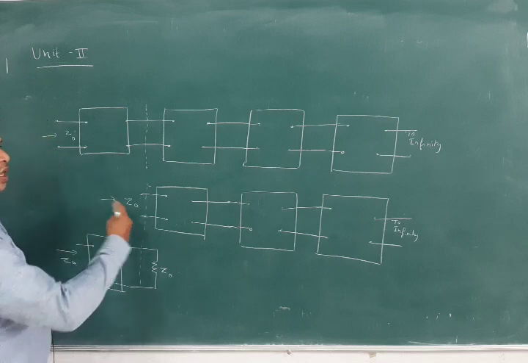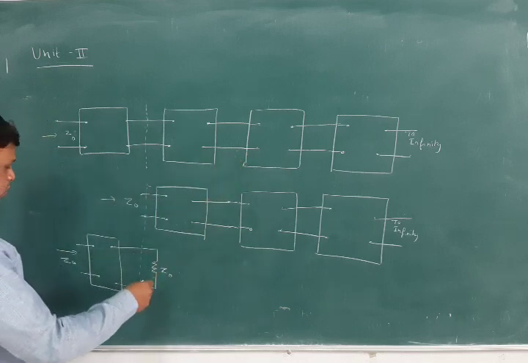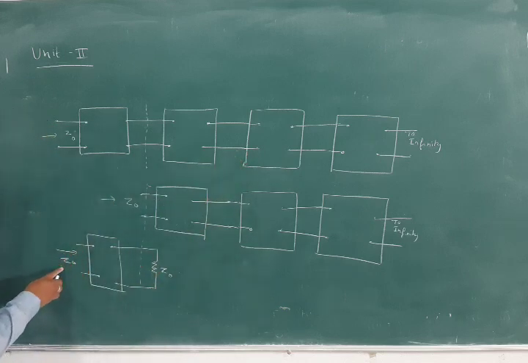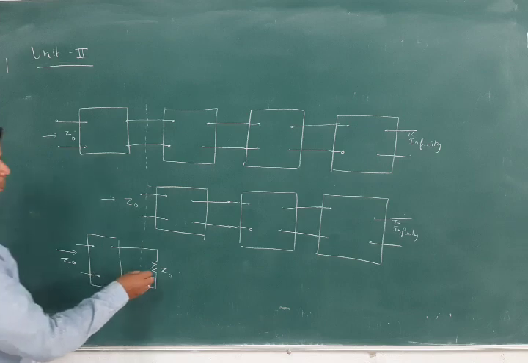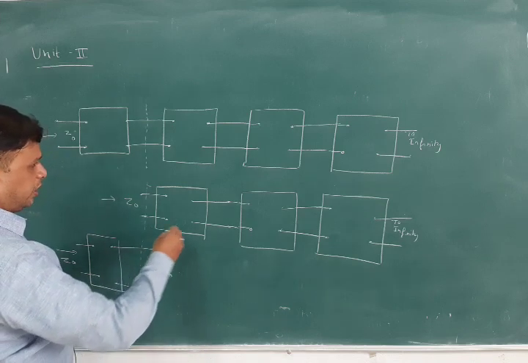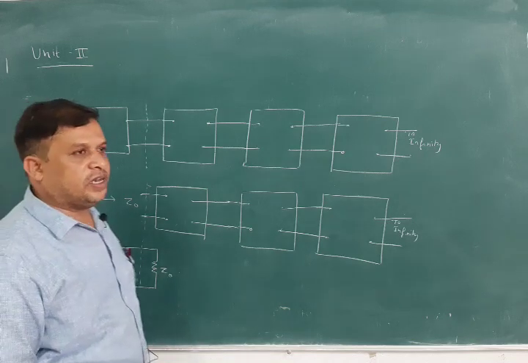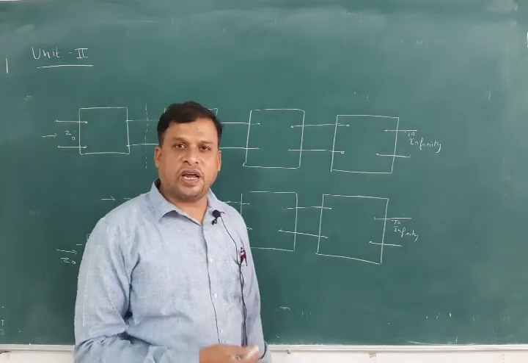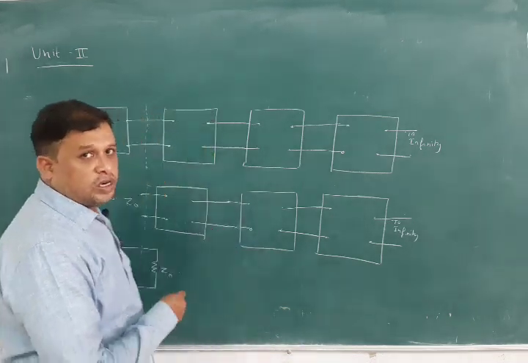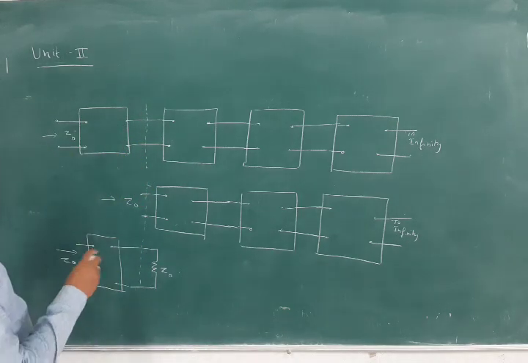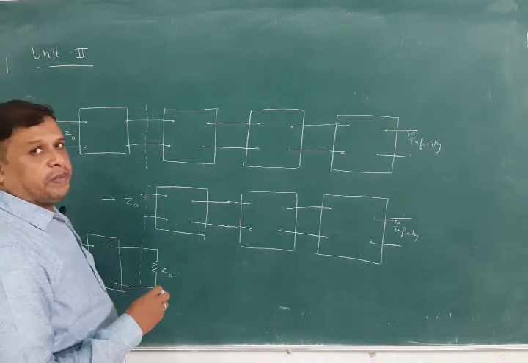So the remaining part of the chain network can be represented by the characteristic impedance itself. Here you can see that it is a symmetrical network where we have Z0 as the input and Z0 as the output. So here Z0 is called the characteristic impedance.